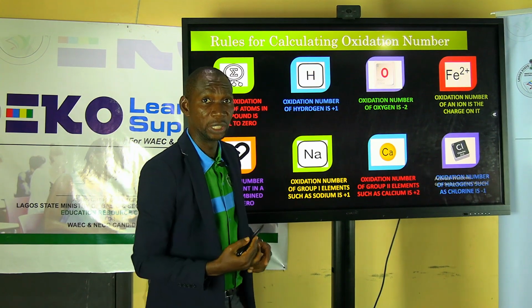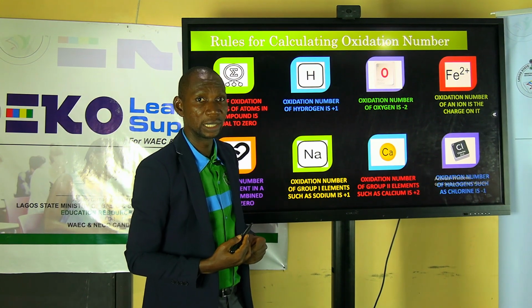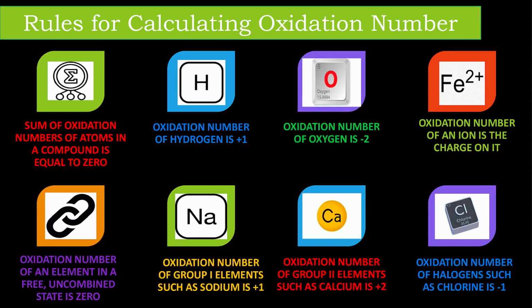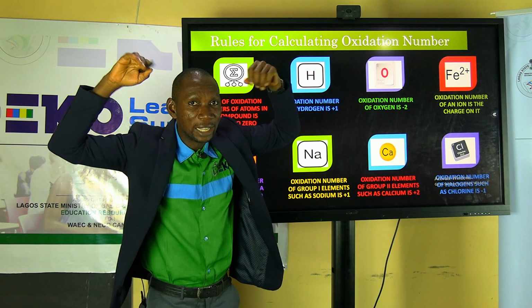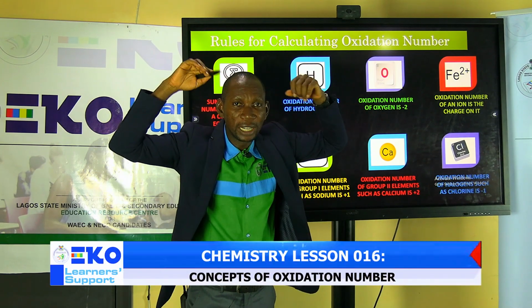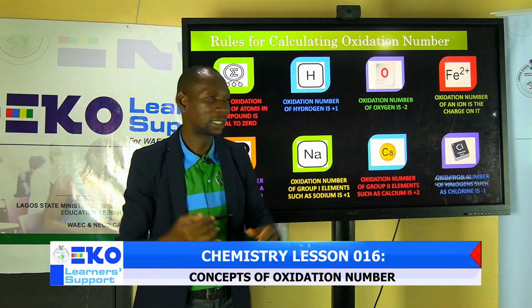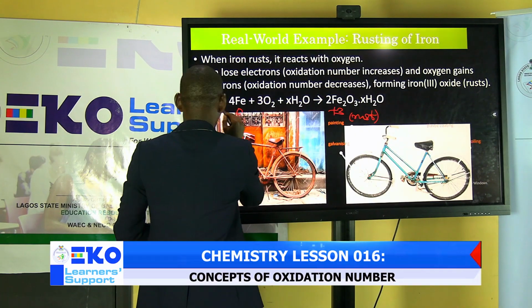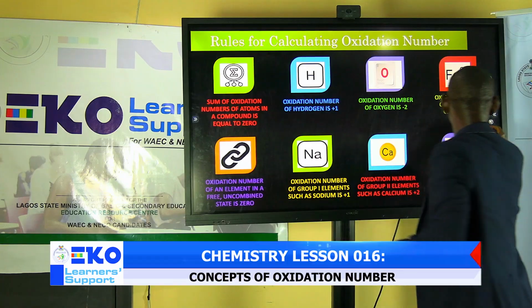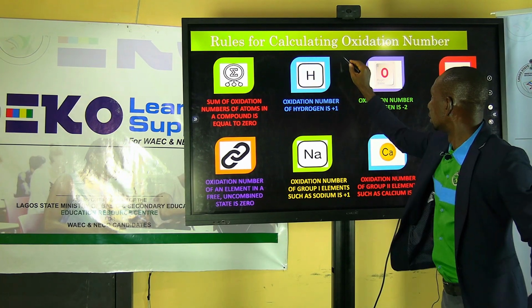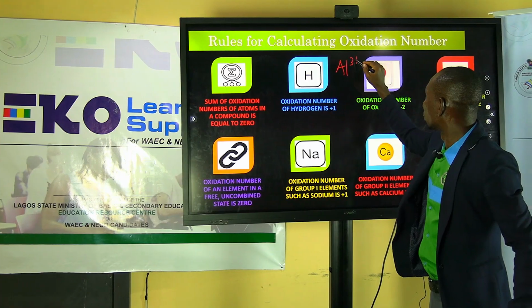How many rules have we taken down now? Fantastic, 3. Let's move to the fourth one. The oxidation number of an ion is the charge on it. I want you to do that at home, right? The oxidation number of an ion is the charge that it is carrying. When you see an ion, for example, you have Al3+.